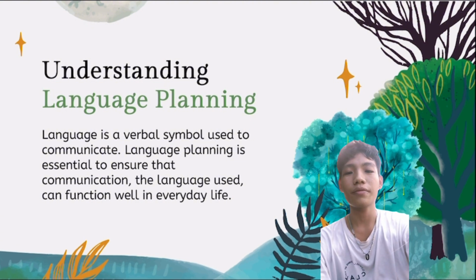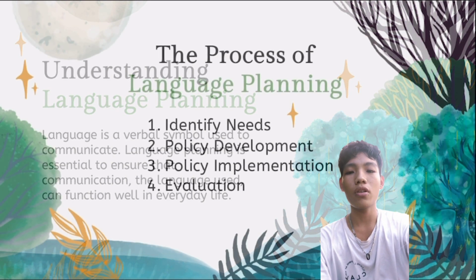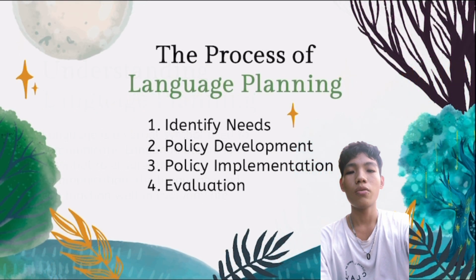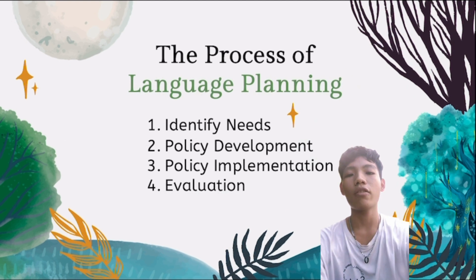Language planning process. The first one is identify needs. First, we need to understand the needs of people who use the language. We, or the government, or the language planner must think about who speaks the language, where they live, and what they need the language for.